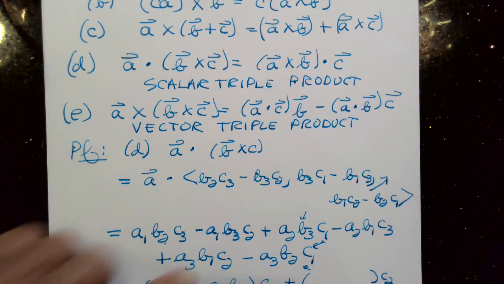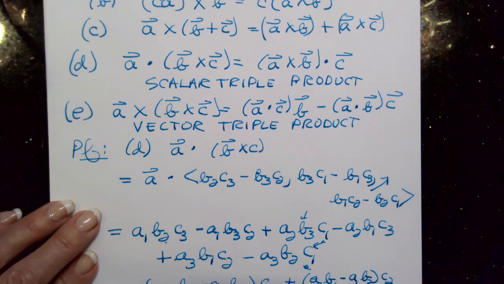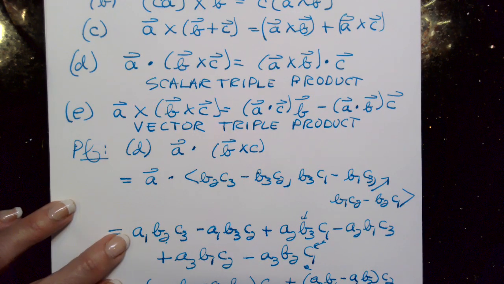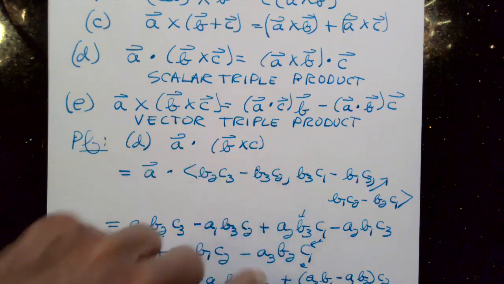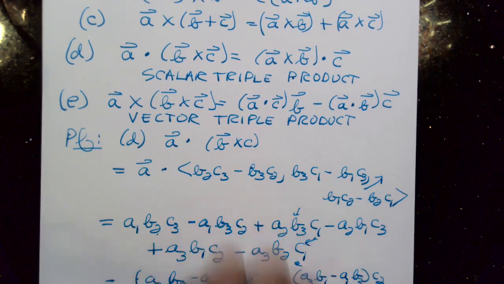And then I will have what times the C2 term? The C2 term comes from here and here. So this is A3 B1 minus A1 B3. And then the C3 term is A1 B2 minus A2 B1. If you look at this carefully and remember that if I put a minus sign out here, it would reverse the order here.